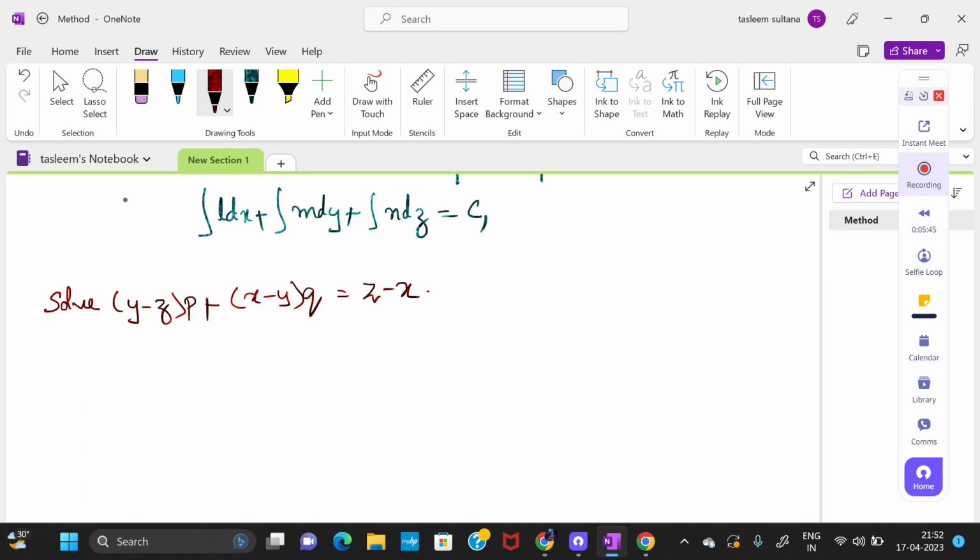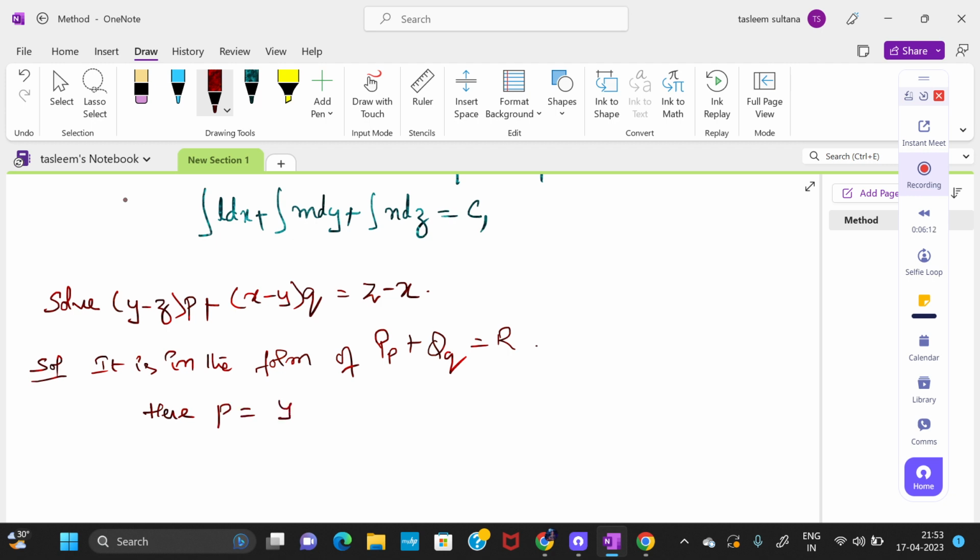It is in the form of P p plus Q q equals R. Here P equals y minus z, Q equals x minus y, and R equals z minus x.